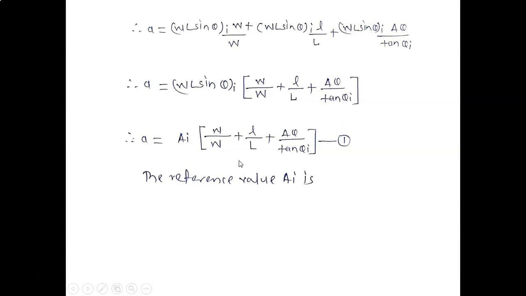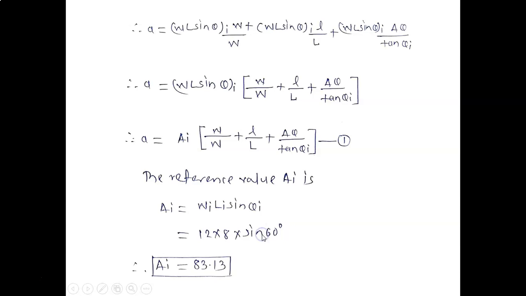Therefore, the reference value Ai, which we have not calculated, is equal to Wi Li sin theta I. What is Wi? 12 into 8 into sine of 60 degrees. Therefore, the area at the reference point Ai is equal to 83.13.